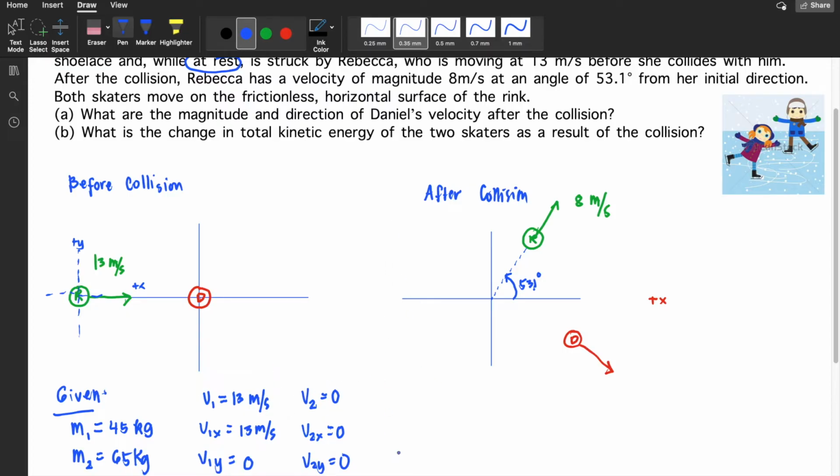That's before collision. After collision, this is Rebecca, your mass 1, so we'll call this v1 prime. What we are looking for is the magnitude and direction of v2 prime.